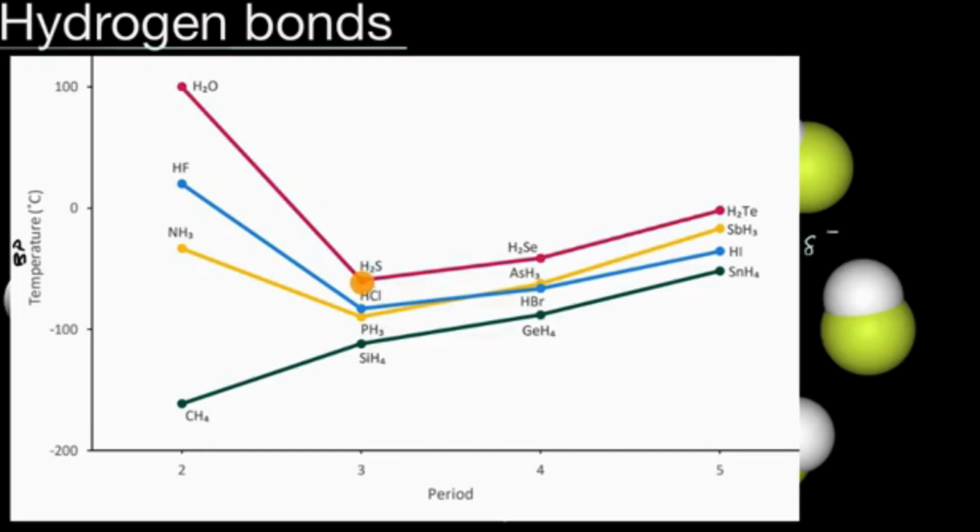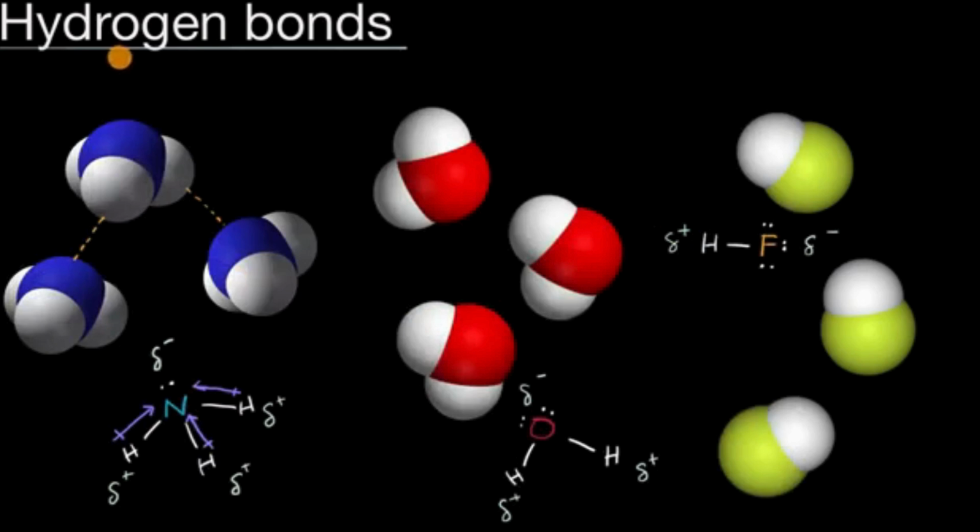In particular, dipole forces would be at play. But what you can see is the spread is much higher for these molecules formed with nitrogen and hydrogen, fluorine and hydrogen, and oxygen and hydrogen. And that's because hydrogen bonds can be viewed as the strongest form of dipole-dipole forces. Hydrogen bonds are a special case of dipole-dipole forces.